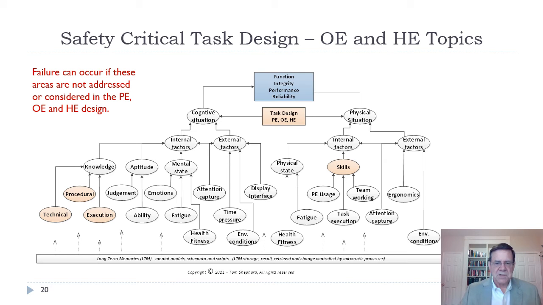So this figure, we're not going to go through it, but these are all the components from, say, the HE perspective. And so if you're designing safety critical tasks and you're not considering all of these, you could have a gap in that element. So any one of these you miss, don't be surprised if it creates a gap that gets expressed as a systematic error.